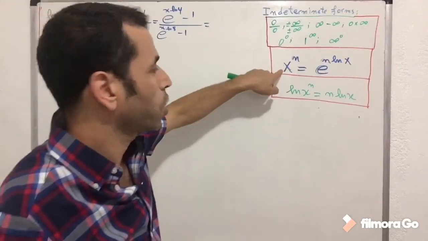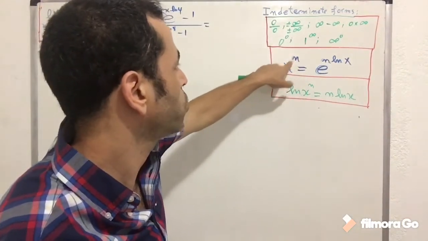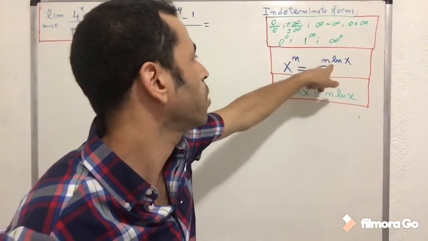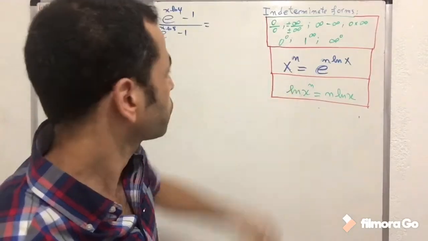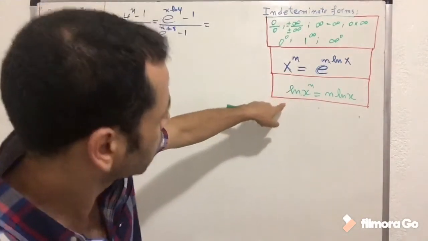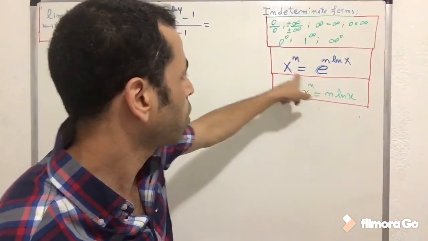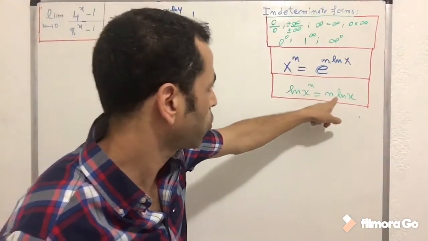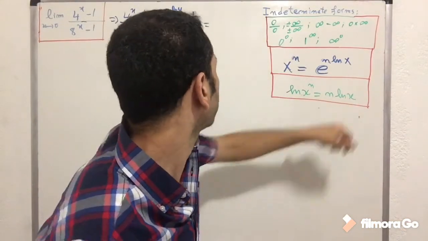This is the connection between exponential and natural log: x to the n equals exponential of n natural log of x. It's very important to remember this one. Then you also have another rule: natural log of x to the n equals n multiplied by natural log of x, taking n out of the natural log.